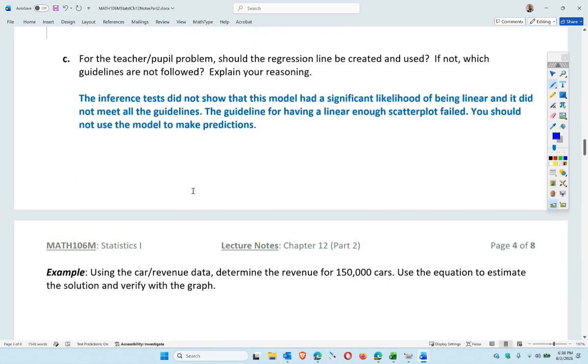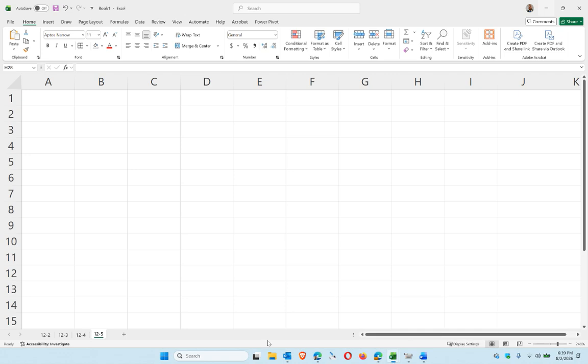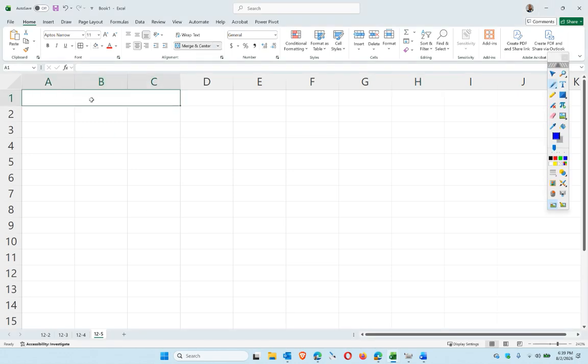All right. So the first one is let's use the car revenue data to determine the revenue for 150,000 cars. So we'll merge this together. 150,000 cars prediction.